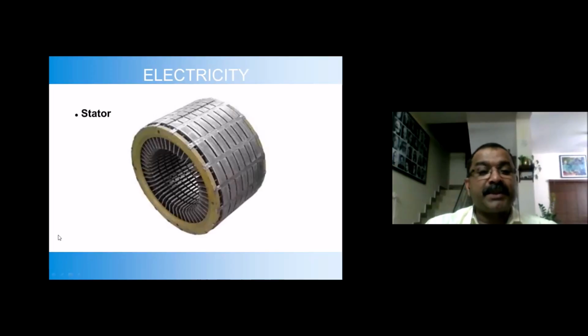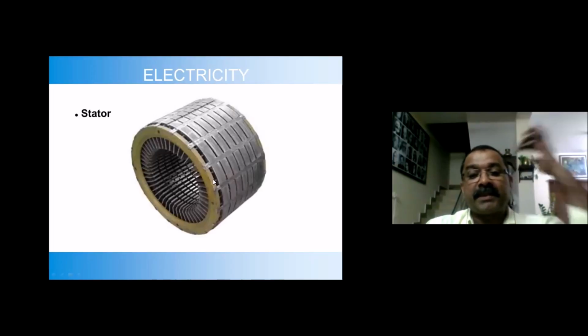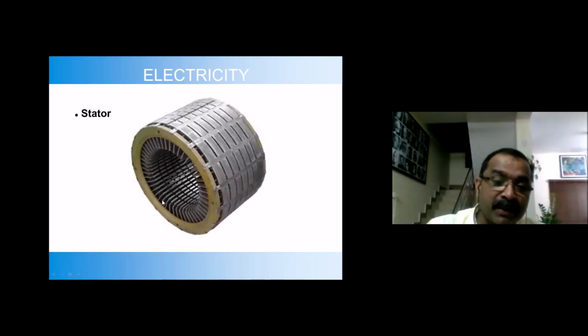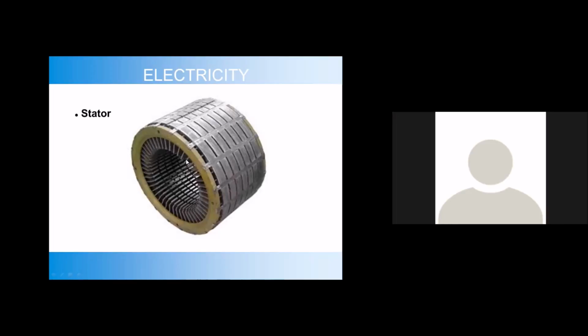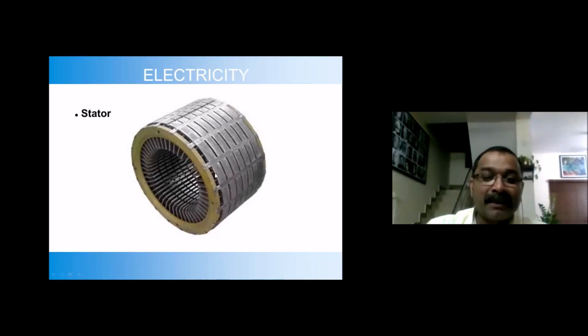So this is the stator. You can see slots here. We will put electrical conductors in these slots. This is a cylindrical shape thing, and we have slots here where we will put conductors.